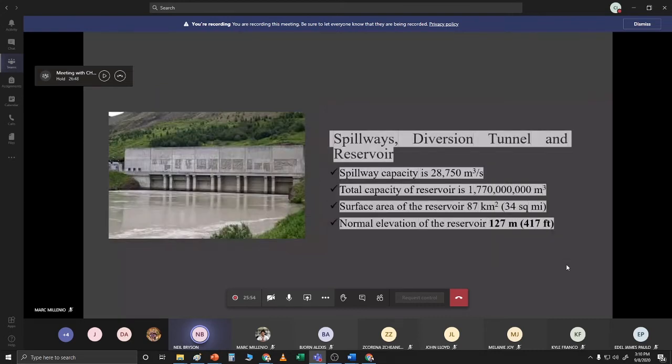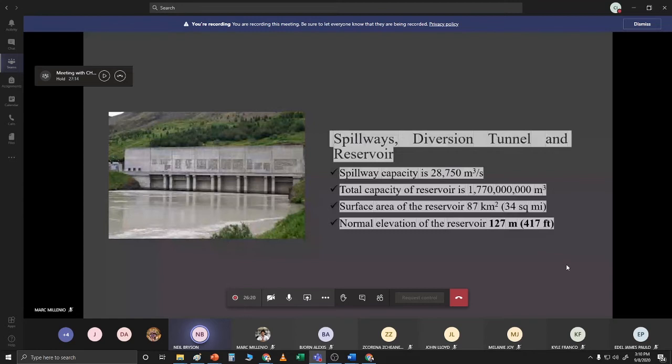Spillways, diversion tunnel, and reservoir. Ang spillway capacity niya po ay 28,750 cubic meter per second. Then, total capacity of reservoir is 1,770,000,000 cubic meter.